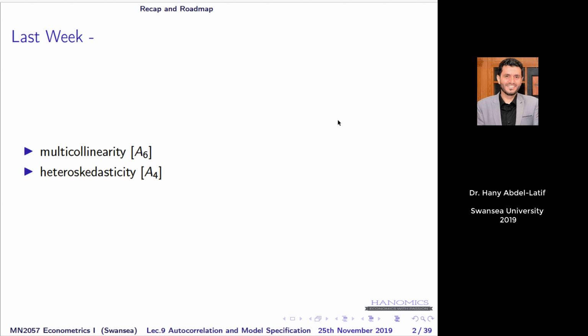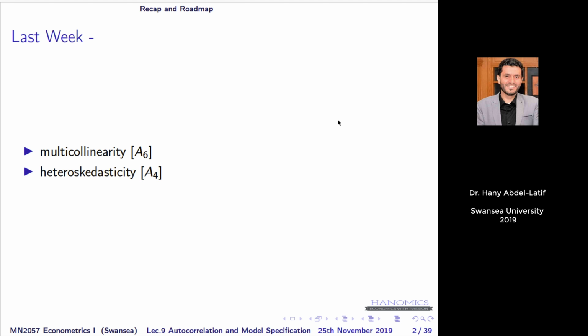We also discussed what heteroscedasticity means. As assumption 4 articulates, we assume that the errors have a constant variance. So that variance doesn't change over time or across units or observations.